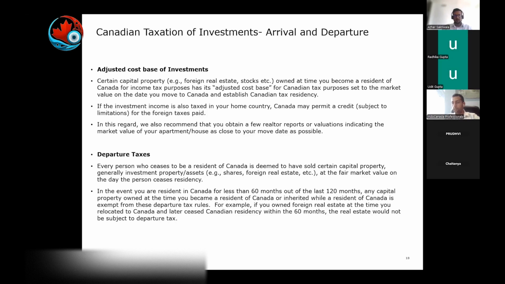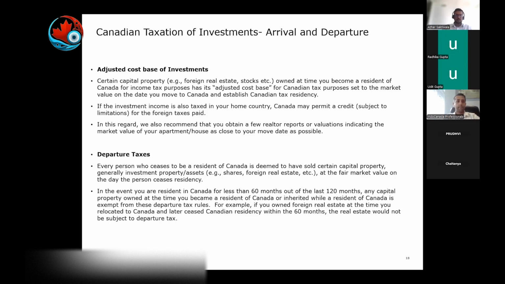And as on 1st September 2024, the fair market value of those investments is 25 lakh rupees. So for Canadian tax purposes, the cost of those investments shall not be 10 lakhs, which was actually paid, but 25 lakhs, which is the fair market value as on 1st September.